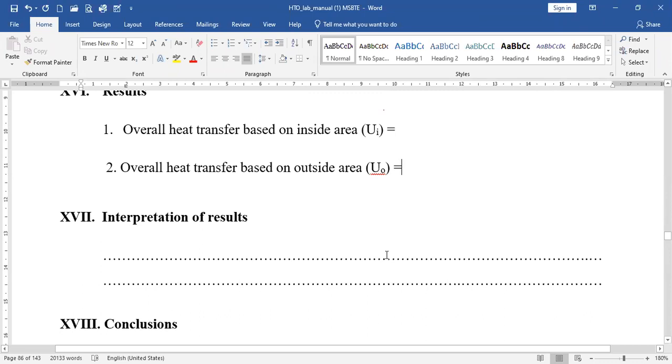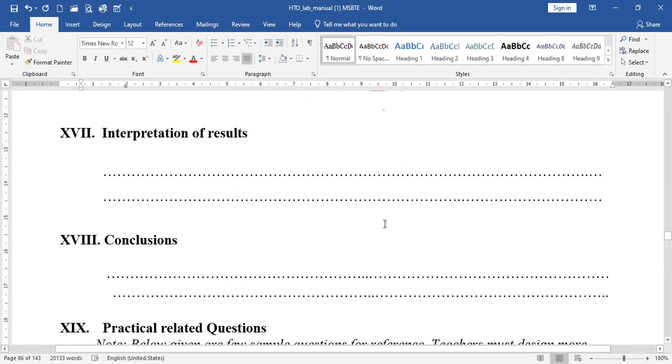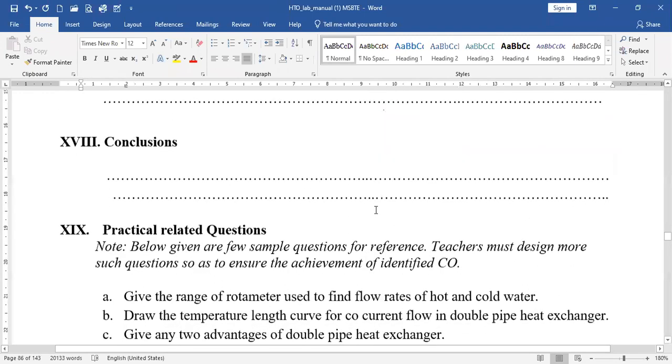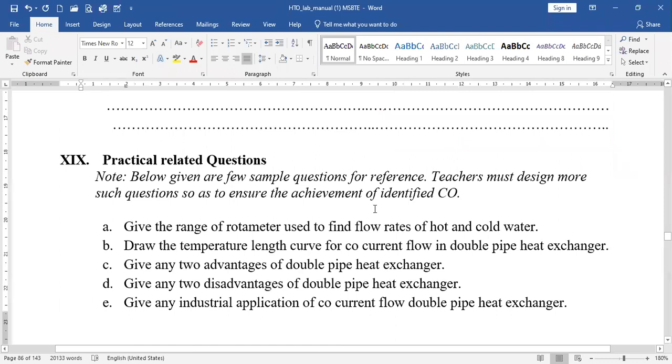Why this UI is in this range and why this UO is in this range. We have to interpret the result and conclude this experiment with the help of the procedure, observations, calculations, and results.